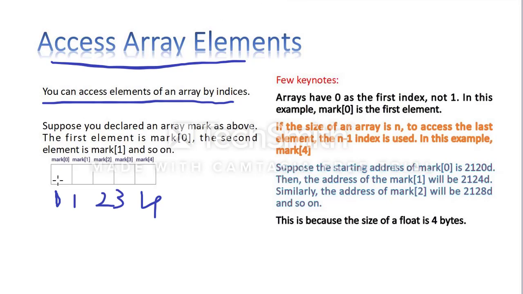So if you want to enter any values in your array, they are stored in their respective index values. A key note to remember: an array has 0 as the first index, not 1.